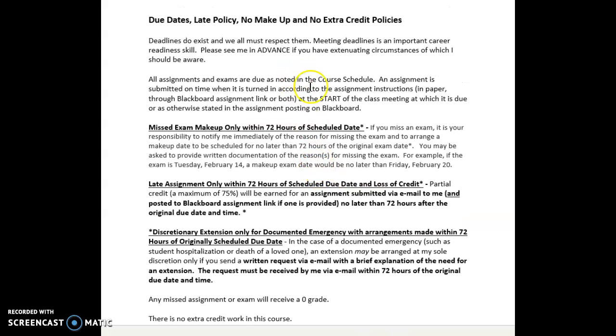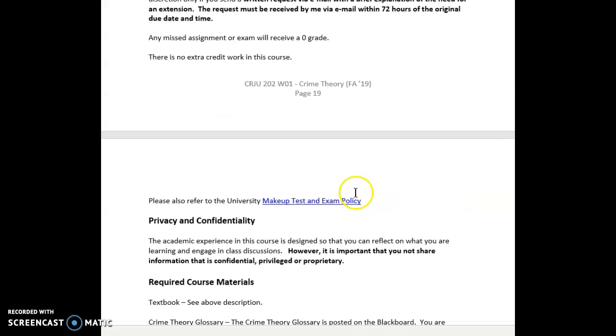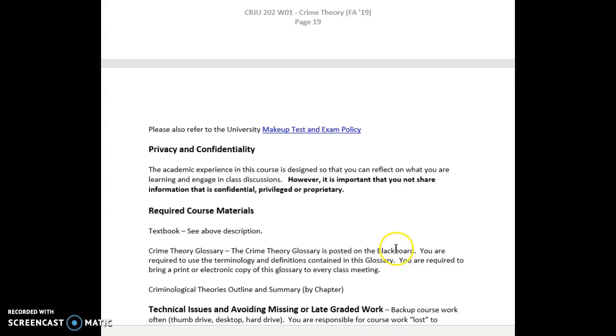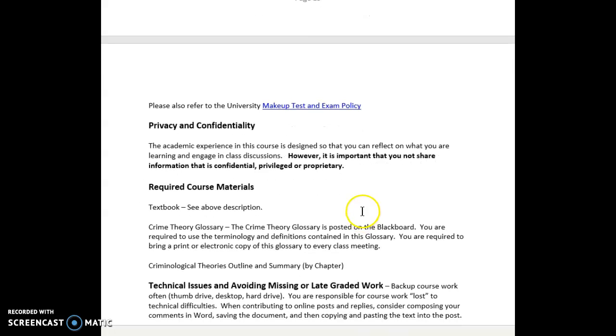So please follow the deadlines, be mindful of them, and don't lose points unnecessarily. Certainly the quickest way to earn a bad grade is to earn a 0 on any assignment.